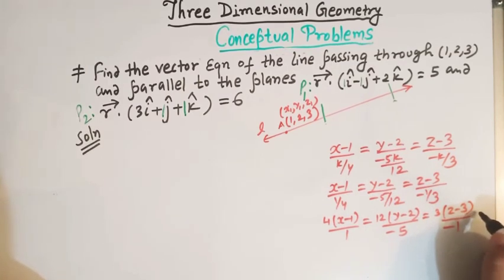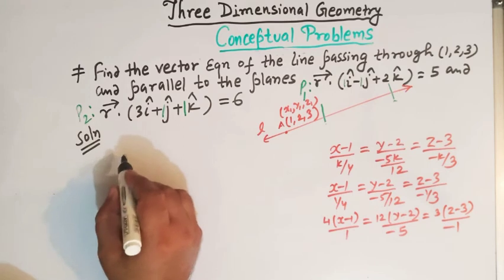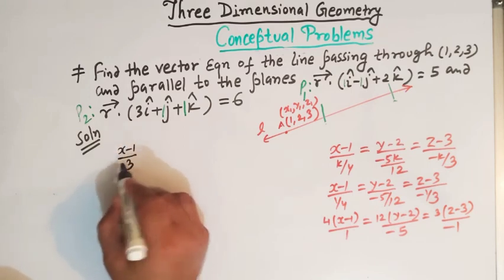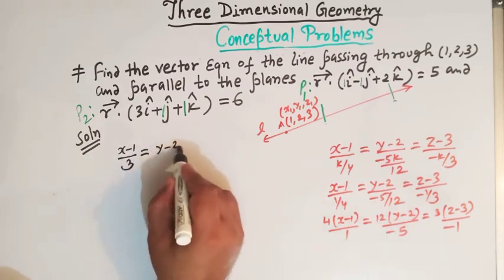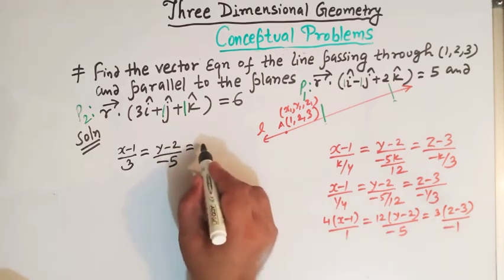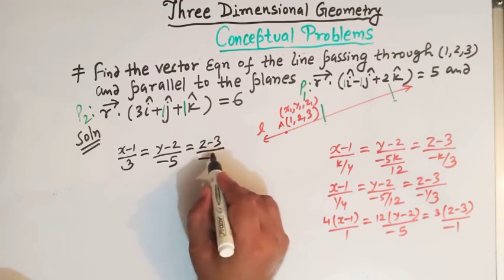Now dividing throughout by 12, we have (x minus 1) by 3, and here 12 gets cancelled, so we have (y minus 2) by minus 5, and (z minus 3) divided by minus 4, right?